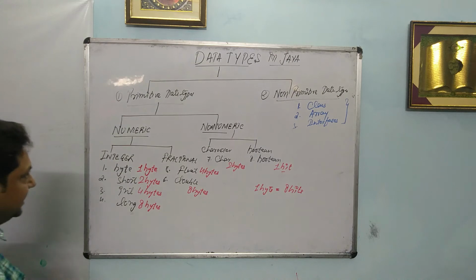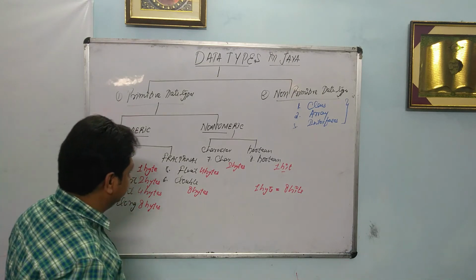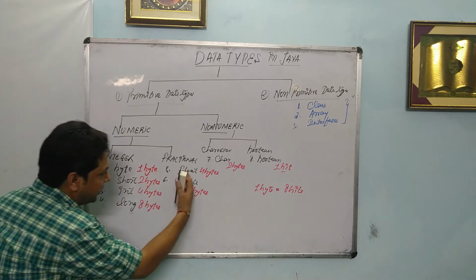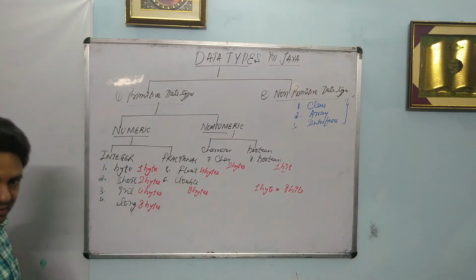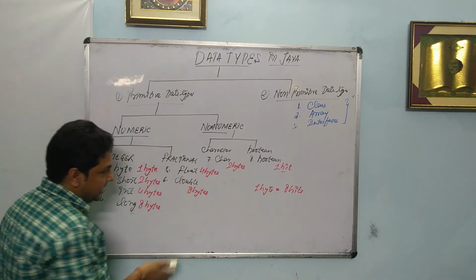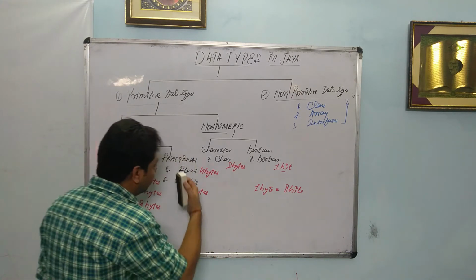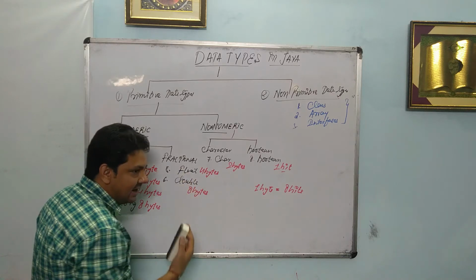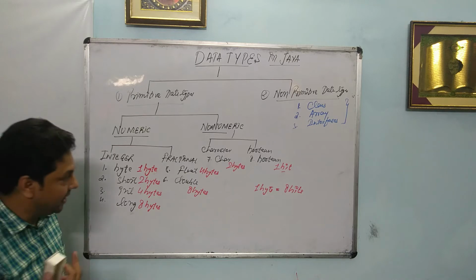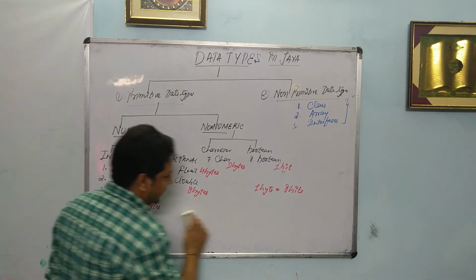Now, the second point: what is the difference between float and double? It's a very important question. The similarity is that both data types can handle fractional values, which contain a decimal part. But what is the difference?